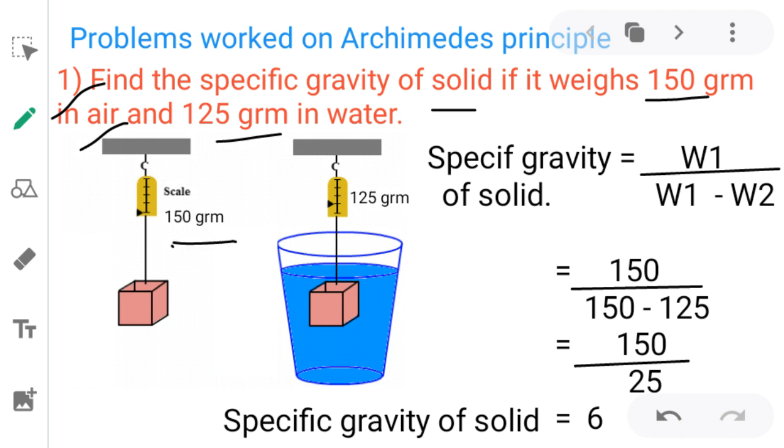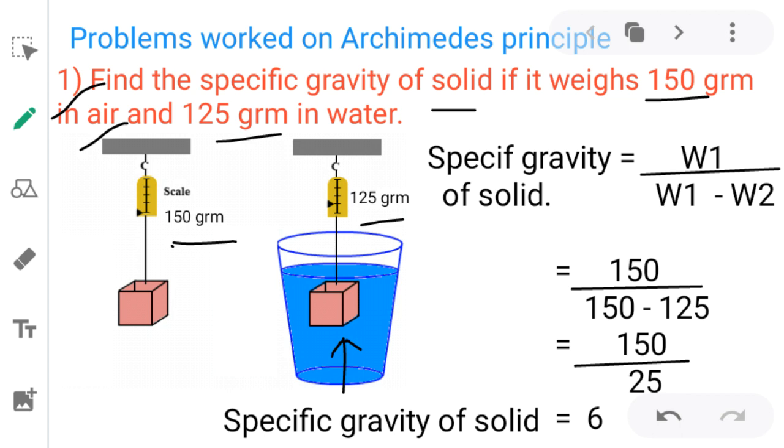When the same solid is immersed in water, attached to the spring balance, it is giving a reading of 125 gram. That means the solid has lost 25 grams of its weight due to the upward thrust experienced by the solid.